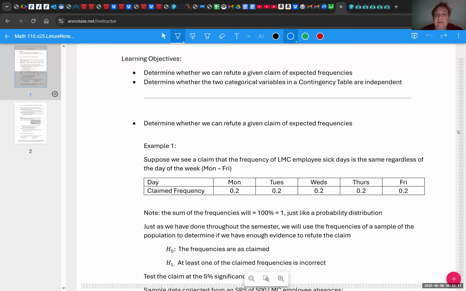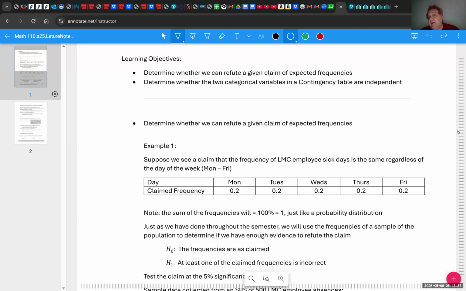There's all kinds of different chances or frequencies, and we have expected frequencies or expected chances. And we can use a sample of data to see if we can reject the expected frequencies or whether we do not have enough evidence to reject the expected frequencies.